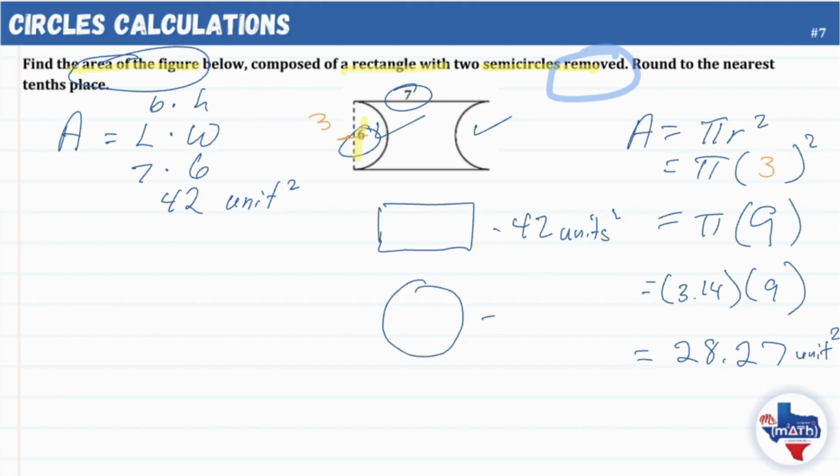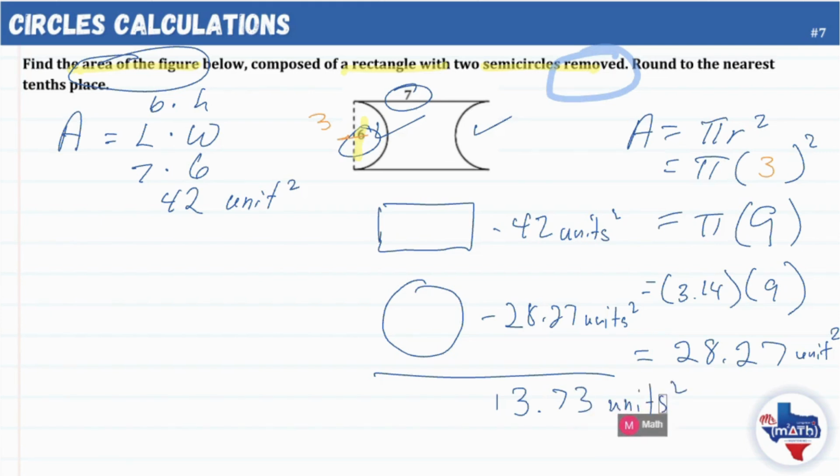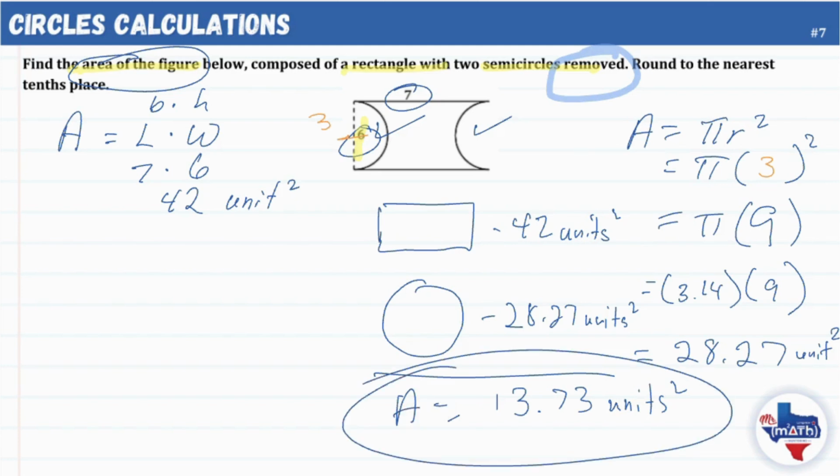It has an area of 28.27 square units. And we need to subtract them. That gives us 13.73 square units for this area right here.